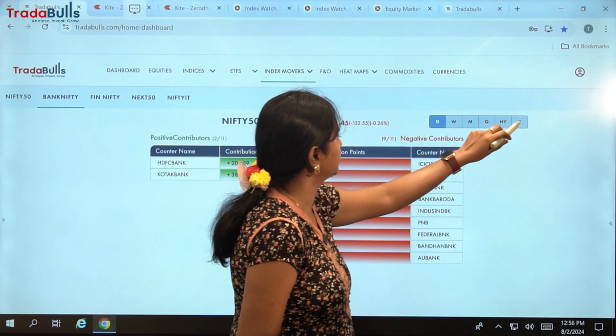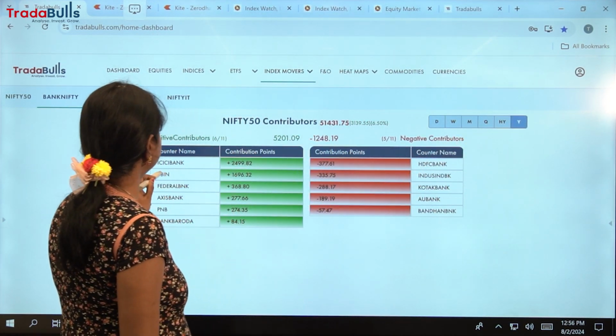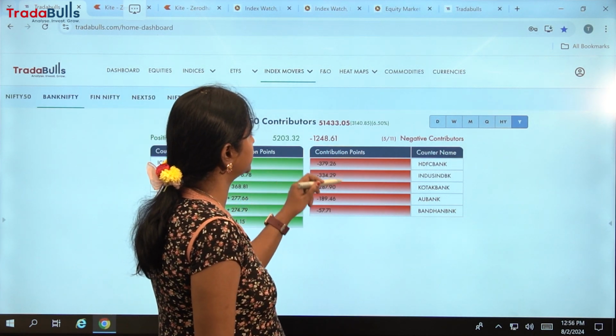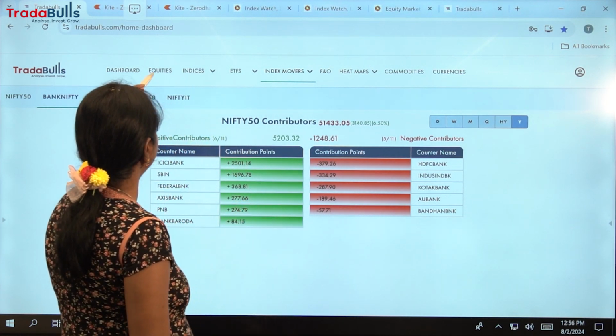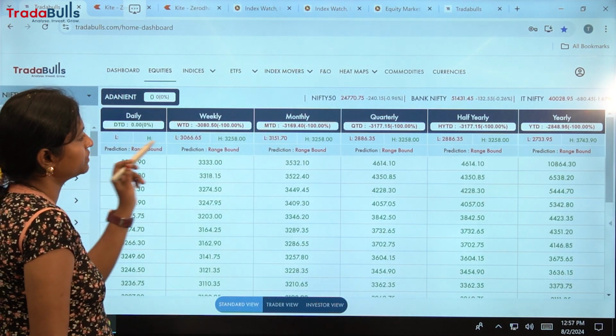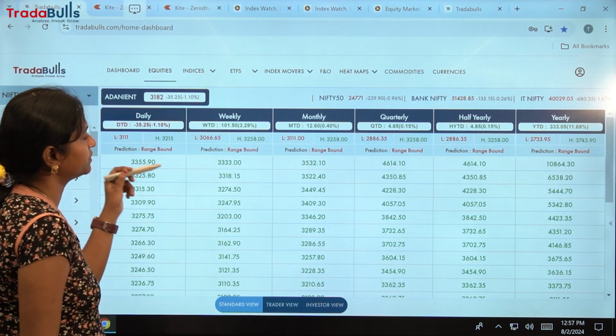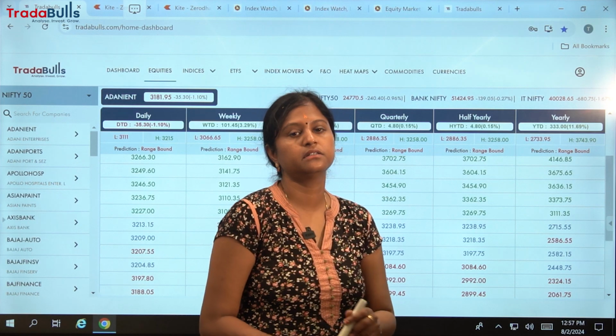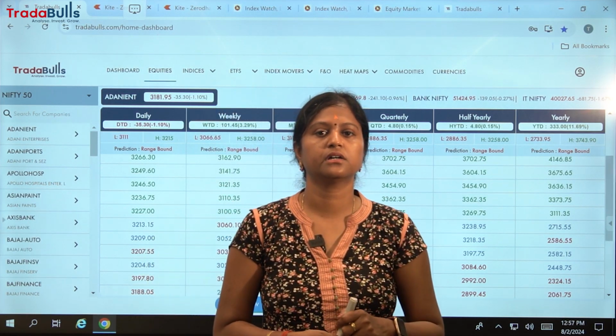Let's go to yearly. In yearly, ICICI Bank is on top and HDFC Bank is on the negative side. This way you can check in equities how the values match, do the analysis using these data points, and take a decision accordingly.